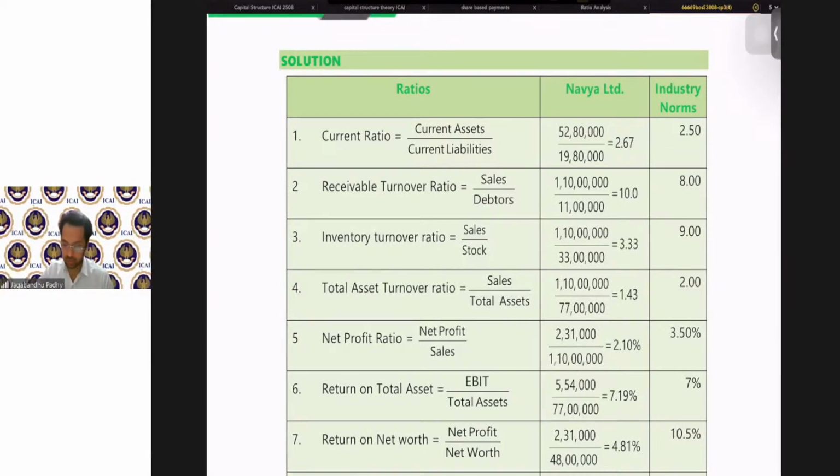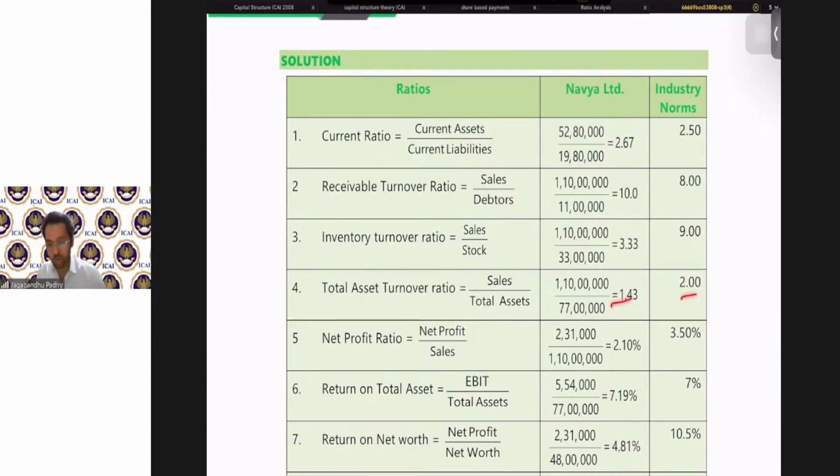No, of course not, because industry norm is 9. We are having 3.33. It means the other competitors are selling 9 times their stock. I am selling only 3.3 times. It means my stock is not moving faster as compared to the industry. The other competitors are able to sell it at a faster pace, right?